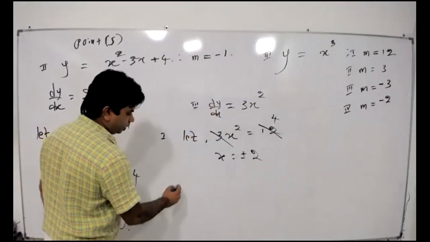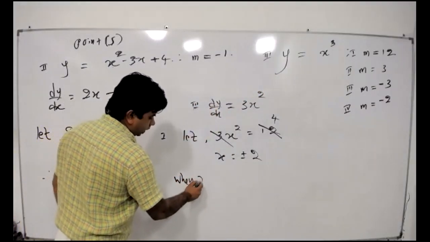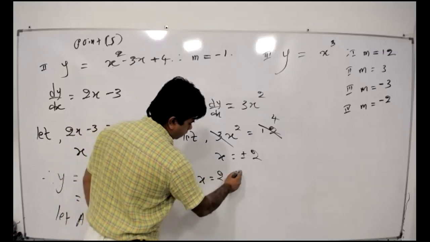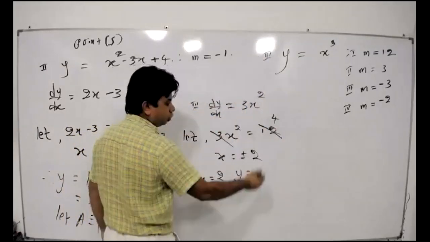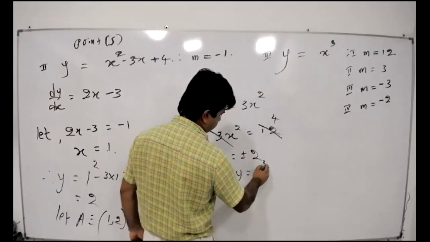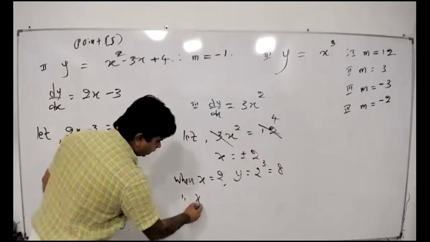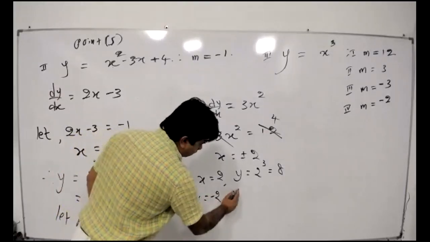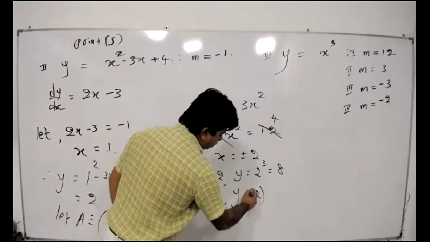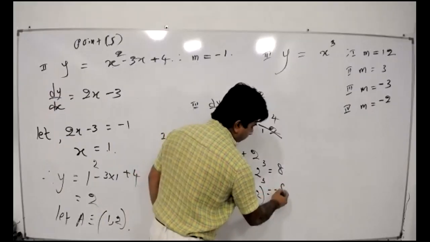Now, when x equals plus 2, y equals 2 cube, which is 8. When x equals minus 2, y equals minus 2 cube, which means minus 8.